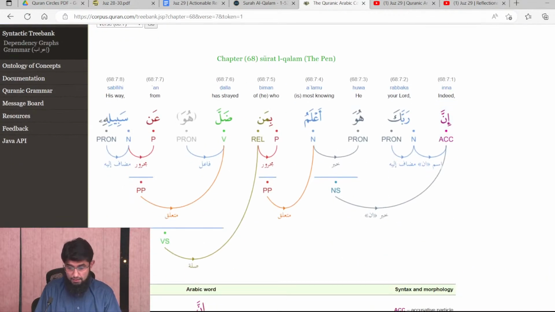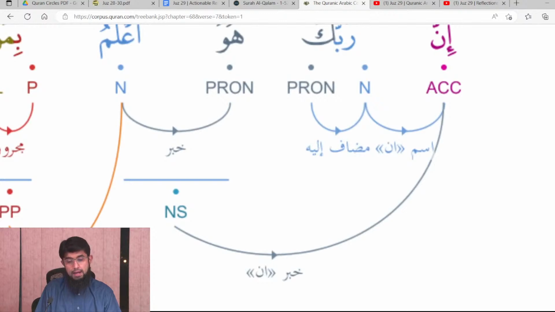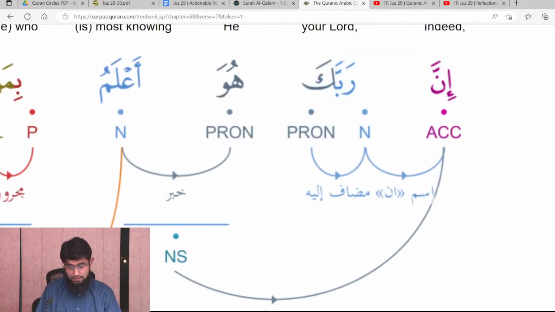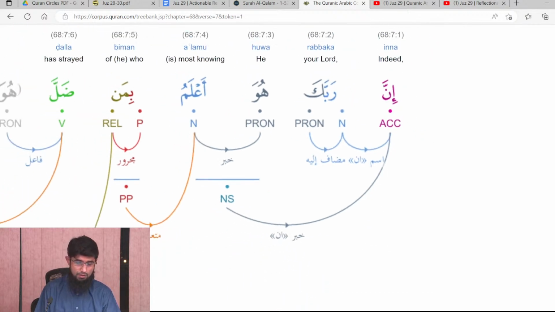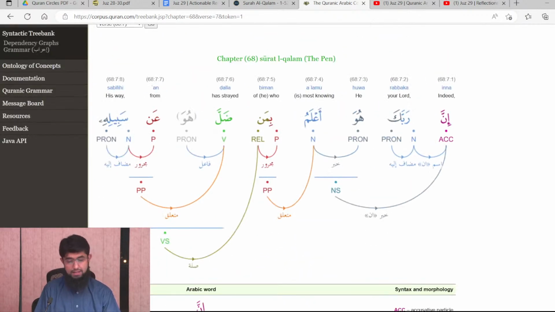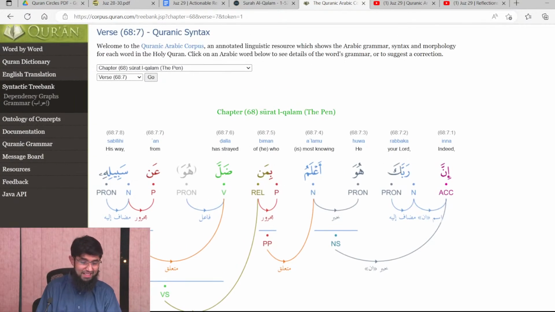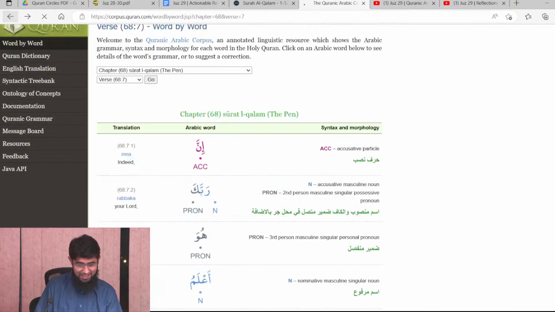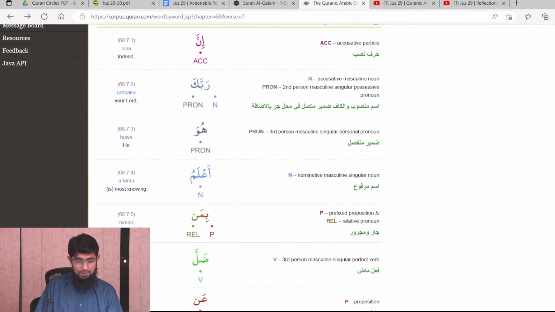Look, inna is acting on this. You see these arrows? This inna is acting on this, so that's what's making it. Anyway, you can go into a lot of details, and I think we're getting off track now. So let's come back on track. Okay, where were we?